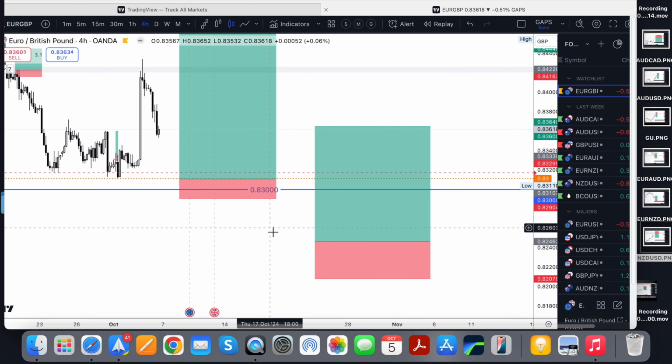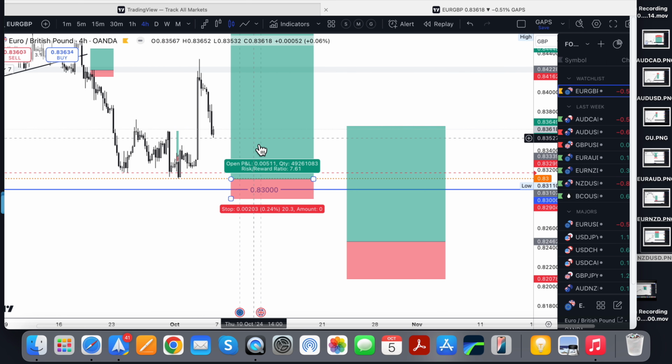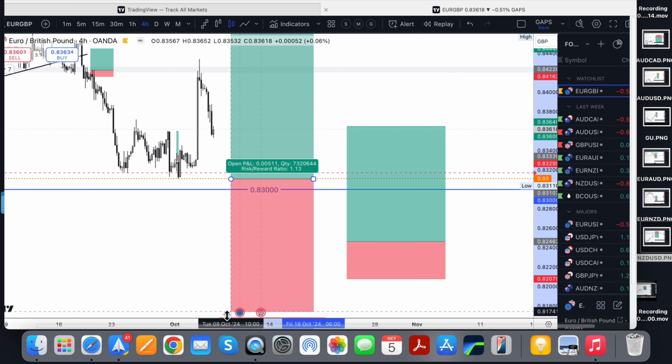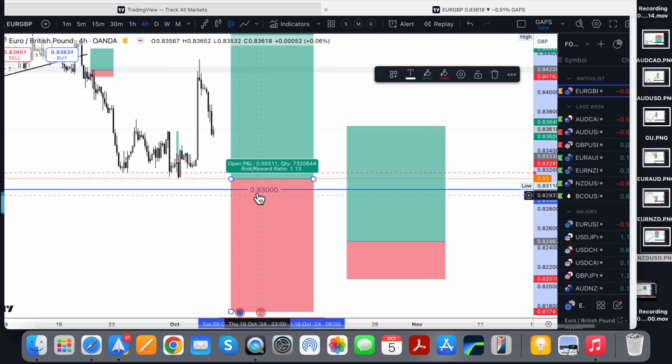I've done it this way because I would potentially just stay in this one trade and the stop loss would be way down here. So when I'm in at 83, if this goes down to 82,500, I would enter again. If it went down to 82, I would enter again.